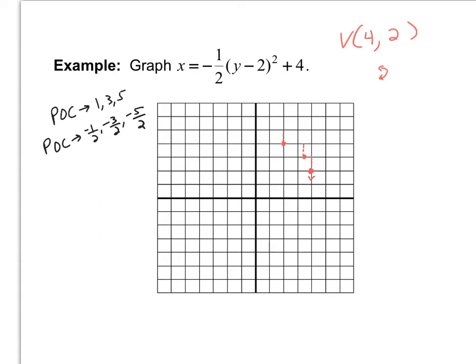Then I would go up 1 and to the left 5/2, which would leave me right there. So let me erase those little dots that I put there. I have my axis of symmetry, which is going to go right through here, which means I can mirror my points across to this one, and this one. So my parabola is going to look like this.